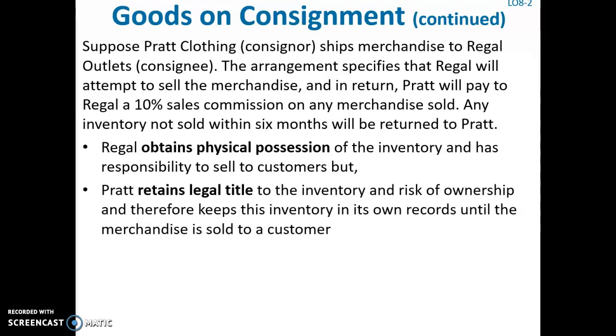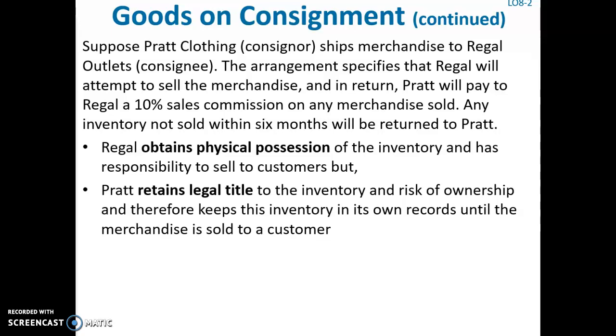For example, suppose Pratt Clothing, consignor, ships merchandise to Regal Outlets, consignee. The arrangement specifies that Regal will attempt to sell the merchandise, and in return, Pratt will pay to Regal a 10% sales commission on any merchandise sold. Any inventory not sold within 6 months will be returned to Pratt.